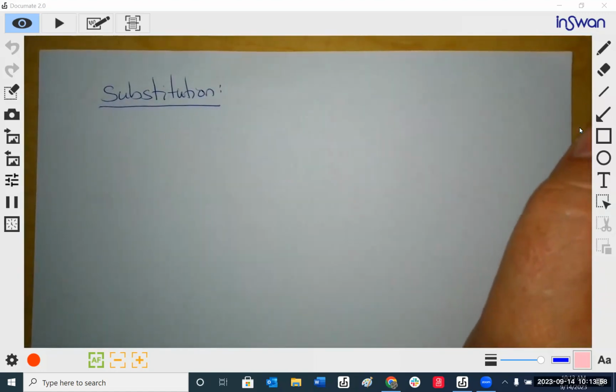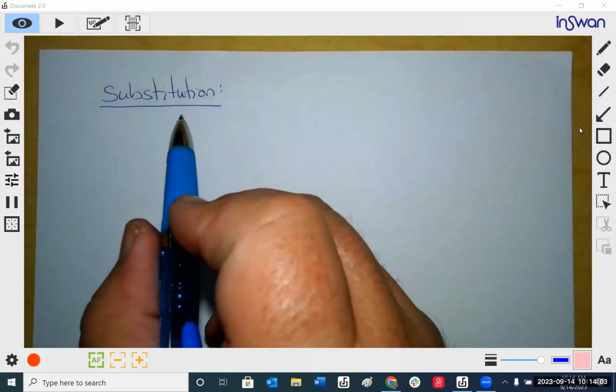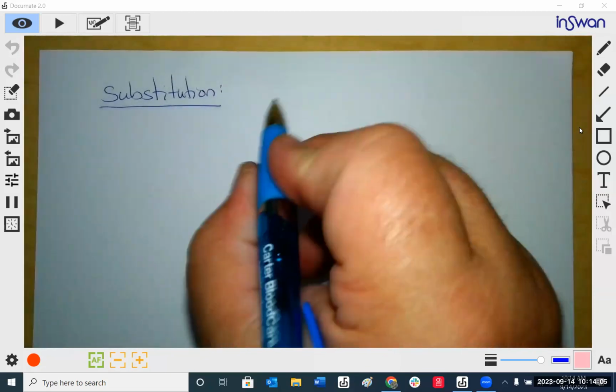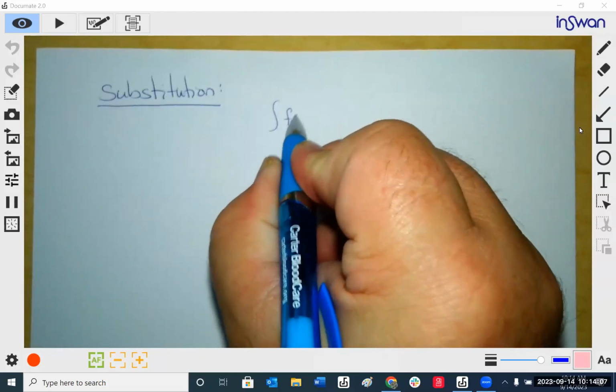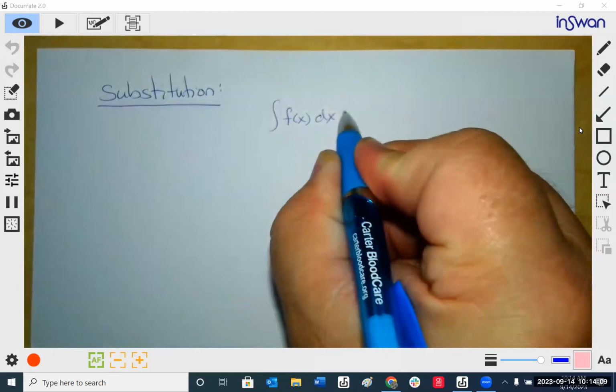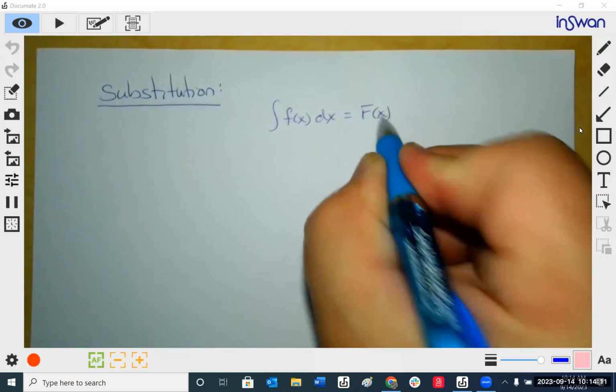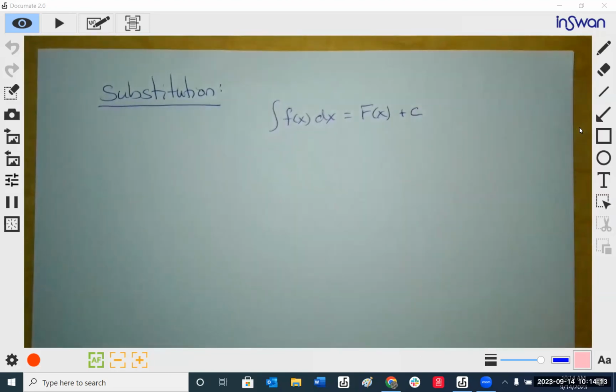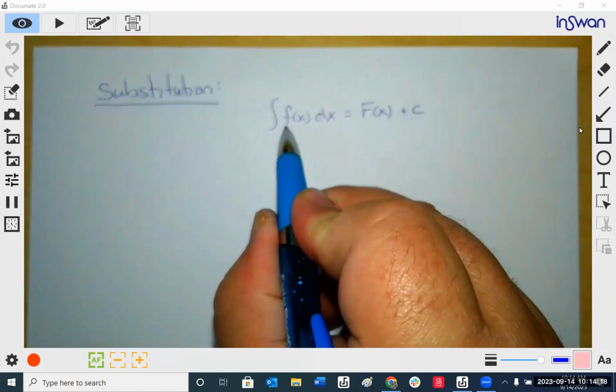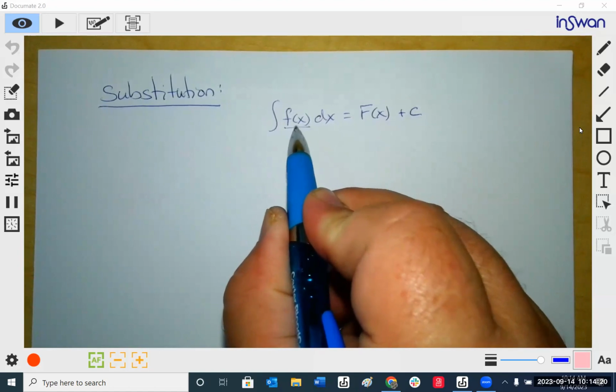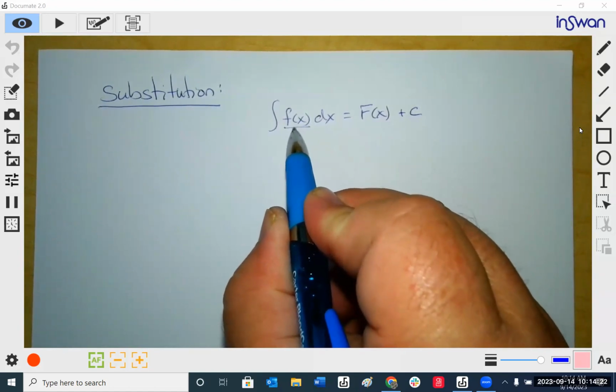In integrals, this function here is actually the what?